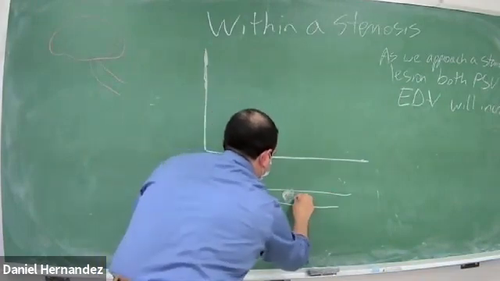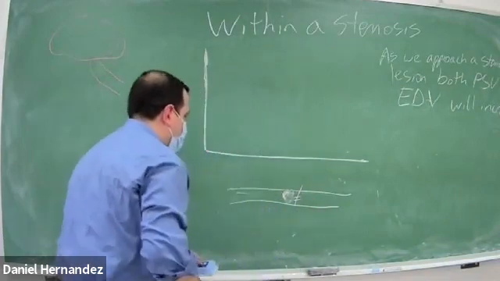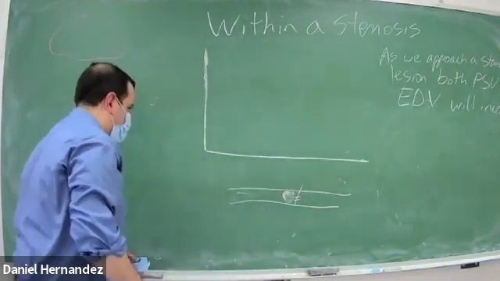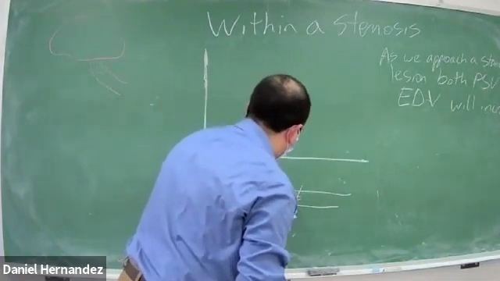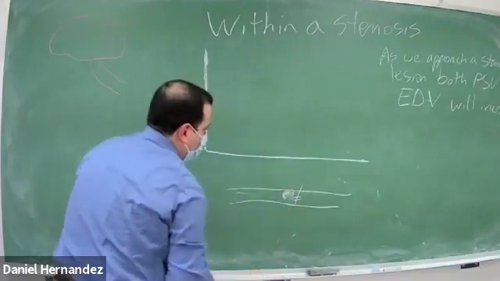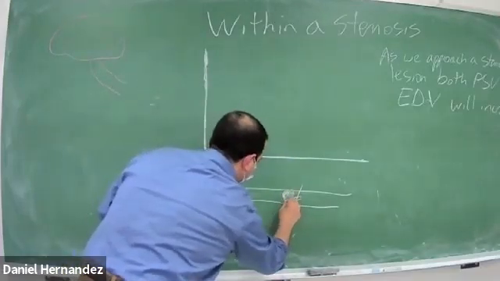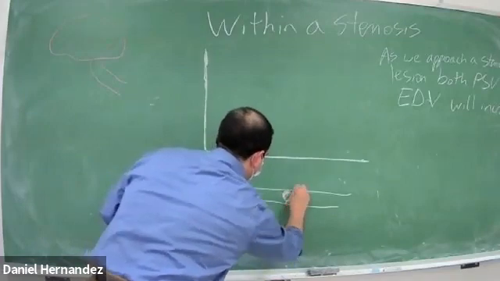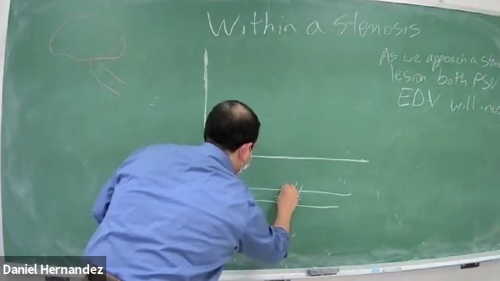Now we're sampling right before that lesion, and we notice that velocities are starting to increase. With our carotid exams, we're taught to Doppler before the lesion, in the stenotic lesion itself, as well as post stenosis.